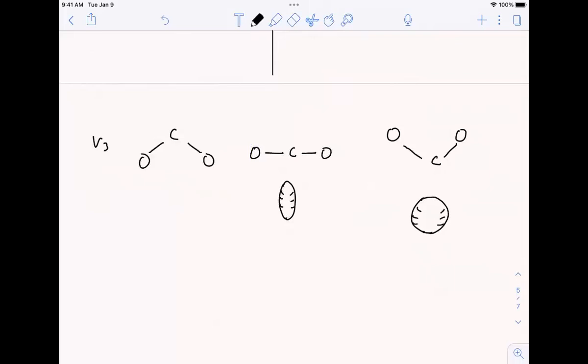Okay. You can see the shape like this. The more symmetric the molecule is, the more like a sphere it is. The more asymmetric it is, the more it looks like an ellipsoid. Okay, so this is very anisotropic.